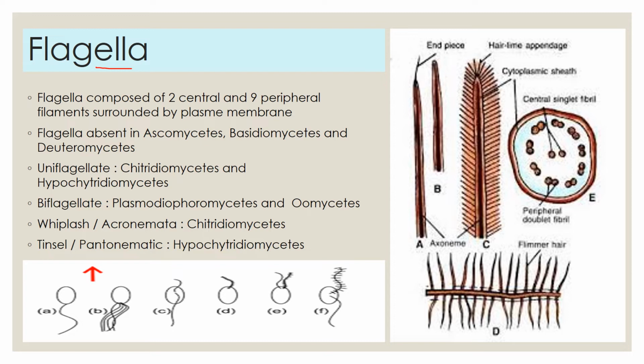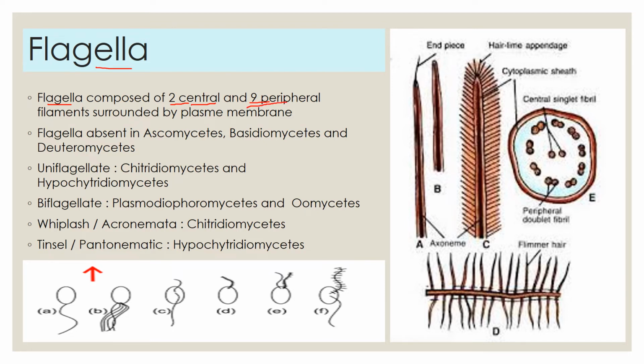So flagellation, just like in bacteria or algae, we know that in algae also some of the reproductive units have flagella. So just like the flagella of bacteria and algae, in fungi also the structure is 9 plus 2, that is 11. It has 2 central fibrils and 9 peripheral fibrils.